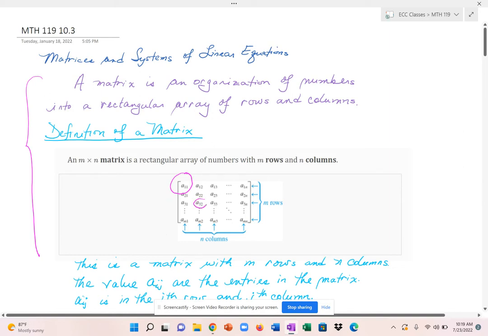This one here, a sub 3, 2, means it's the element in the third row, second column. This one here, a sub 1, 3, is the element in the first row, third column. So the first number in the subscript determines the row, and the second number is the column.